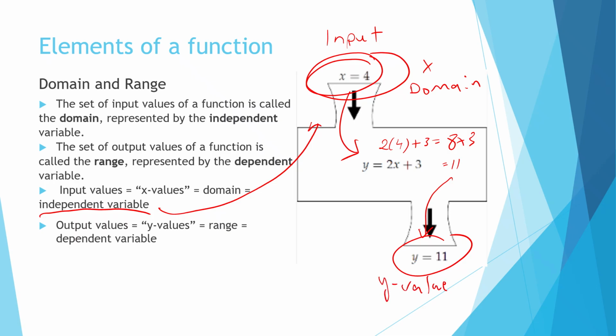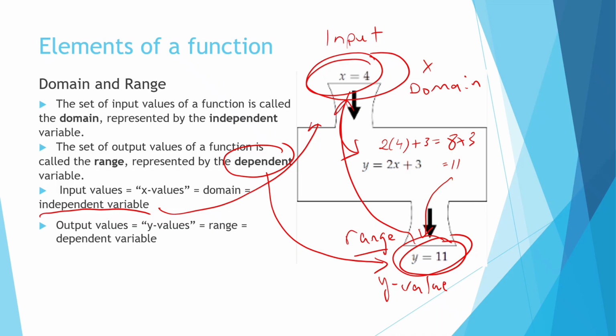And this is what we call our range. Our range is our set of y values that we get from any given function. We also call this our dependent variable. And the reason why we say dependent versus independent is y equaling 11 is completely dependent upon what our initial value of x is.